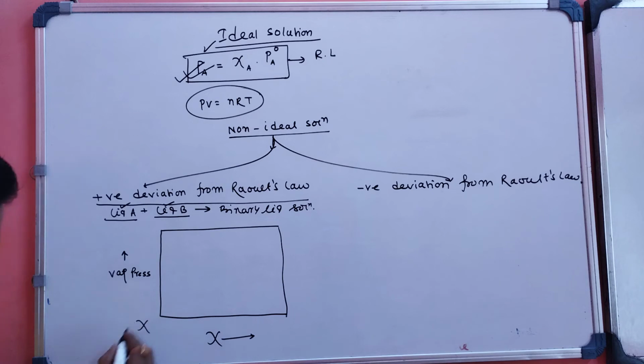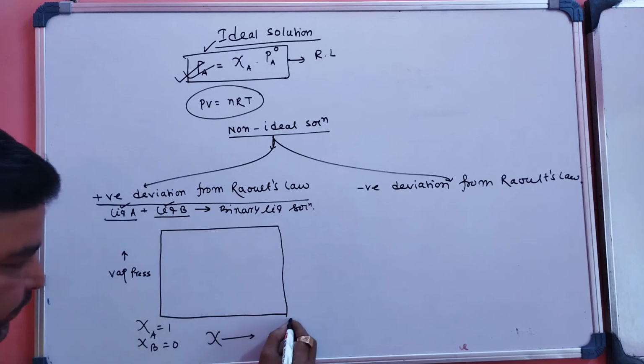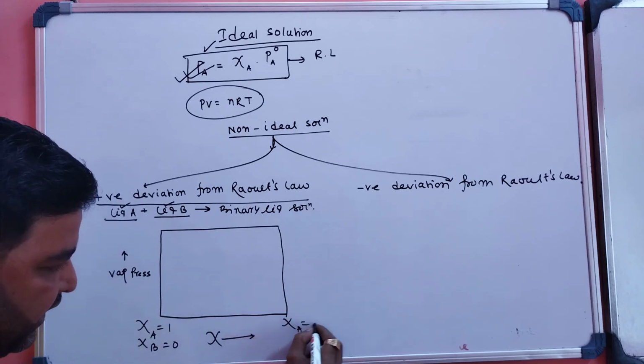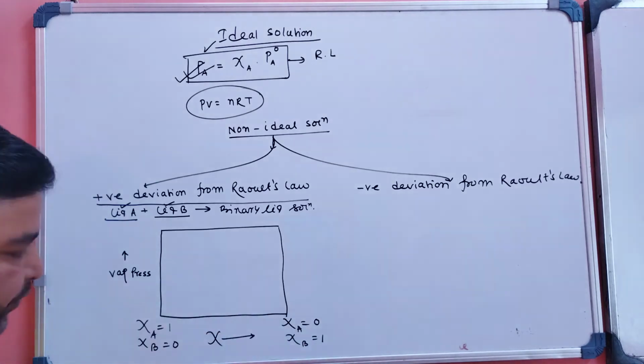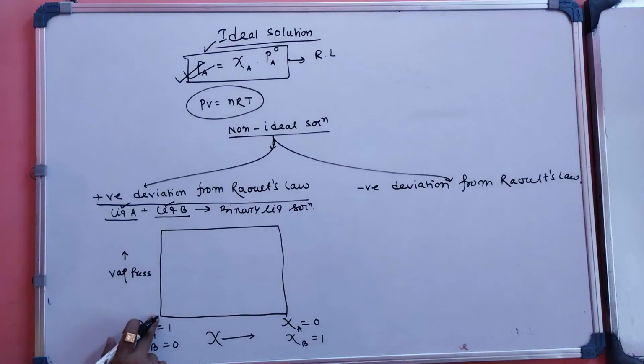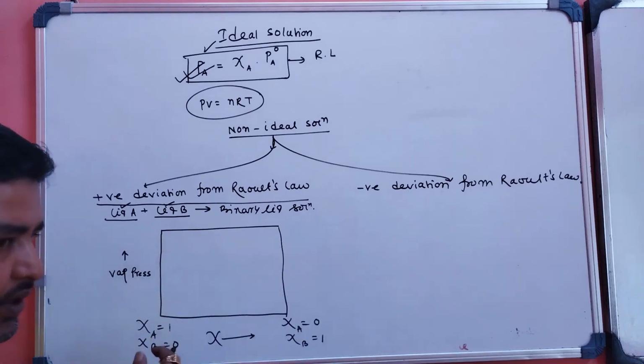So we consider two liquids A and B, both completely miscible, forming a binary liquid solution. Over here chi A equals 1 and chi B equals 0, and here chi A equals 0 and chi B equals 1. When chi A equals 1, only liquid A is present, and when chi B equals 1, only liquid B is present.